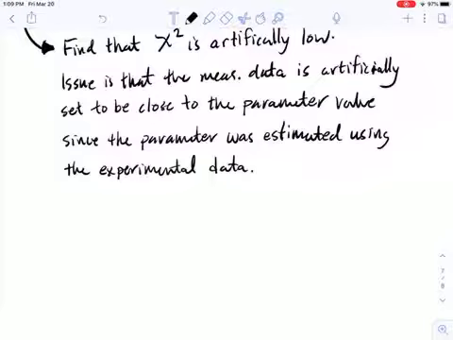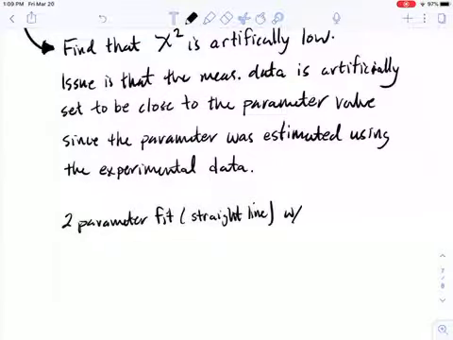Okay, let's do another example. Let's do a 2-parameter fit. And the 2 parameters that we're going to use are the slope and intercept of a straight line with n equals 2.